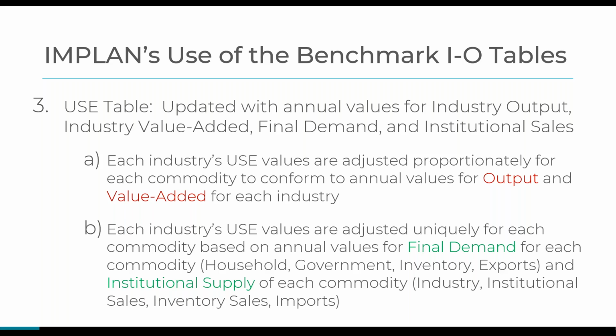And so this is where changes in behavior and technological change and things like that can be incorporated, because everything has to balance. Everything that gets produced has to go somewhere, and all demand has to be met, whether it's through trade or through inventory, what have you. It all has to balance. And so that's where everything gets really updated each year.